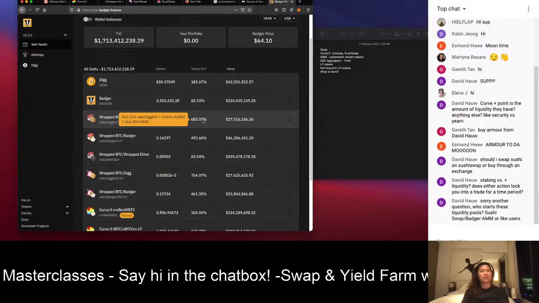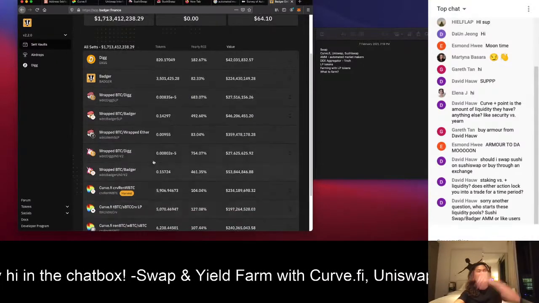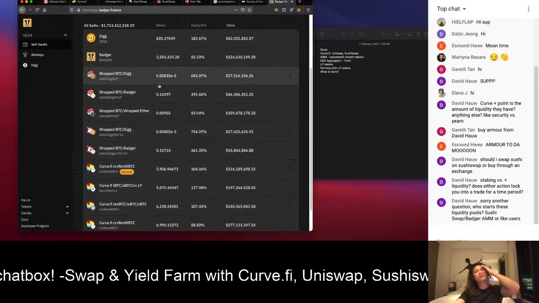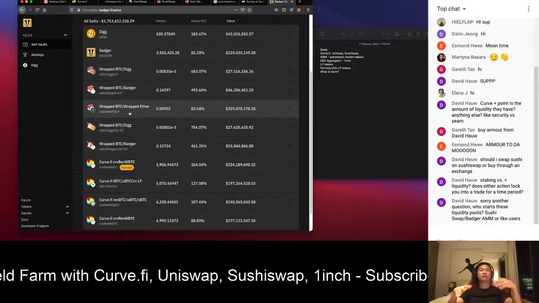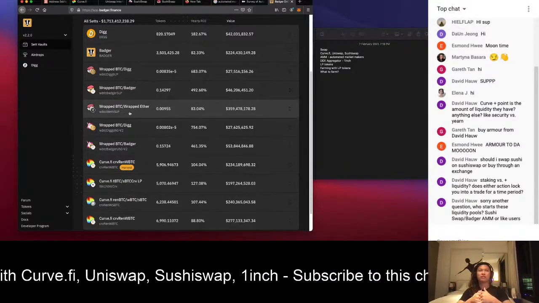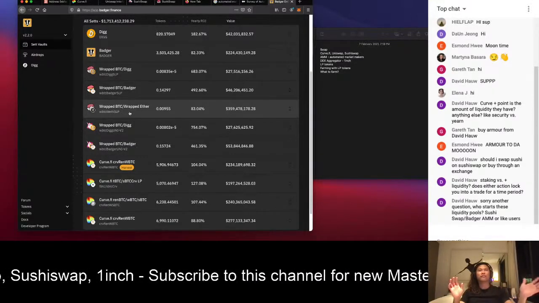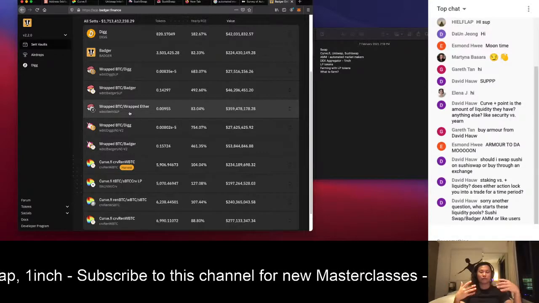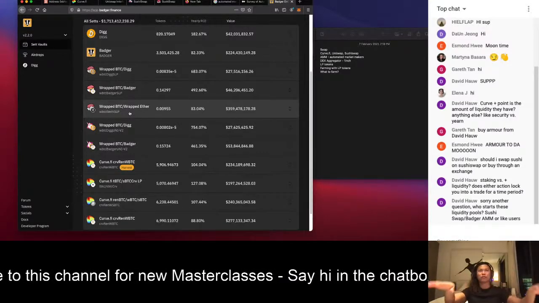All right. And why would Badger come up with this kind of thing? Usually projects want to fairly distribute their token to say that, hey, we are really decentralized, right? So they can't just airdrop it to their friends and family. They need to find a really decentralized way to spread their token.